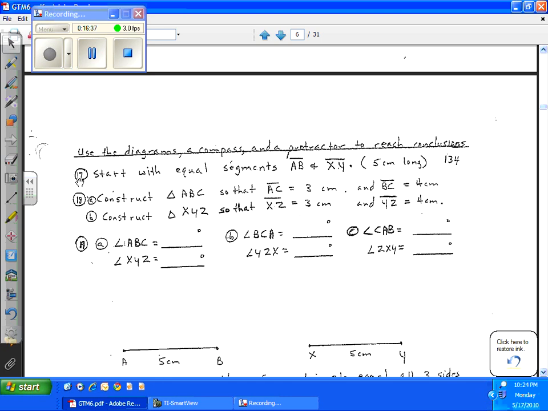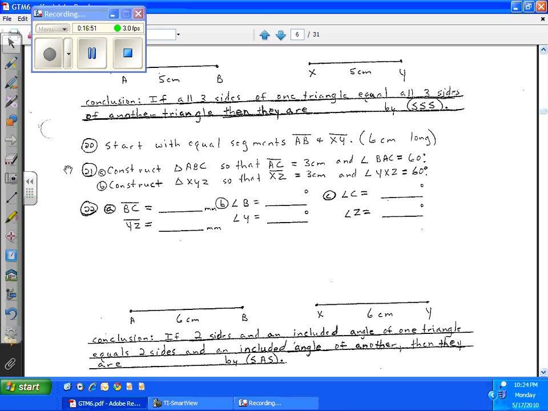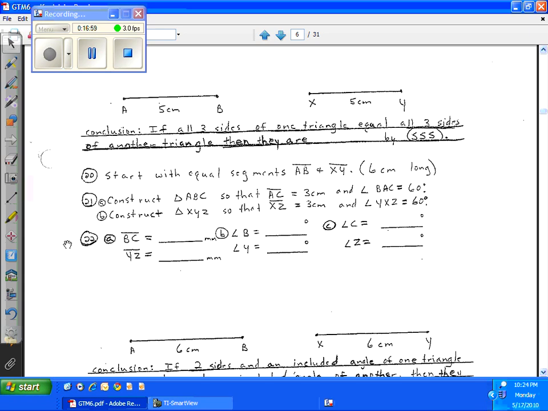And then we're going to use the diagram, a compass, and a protractor to reach conclusions. Again, your conclusions will be the rules on the next page. Really try to draw these specifically.